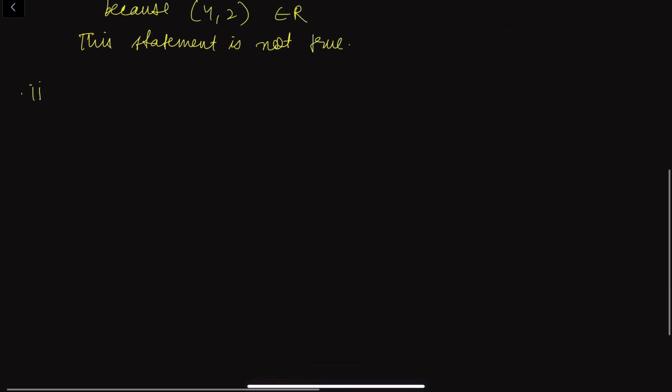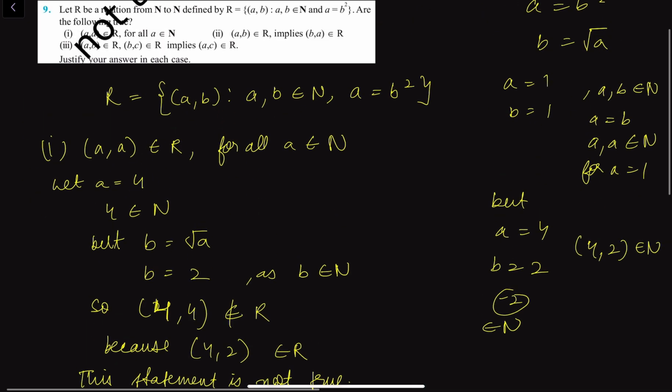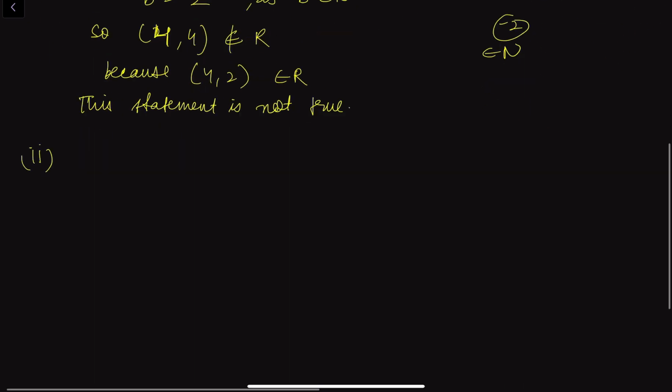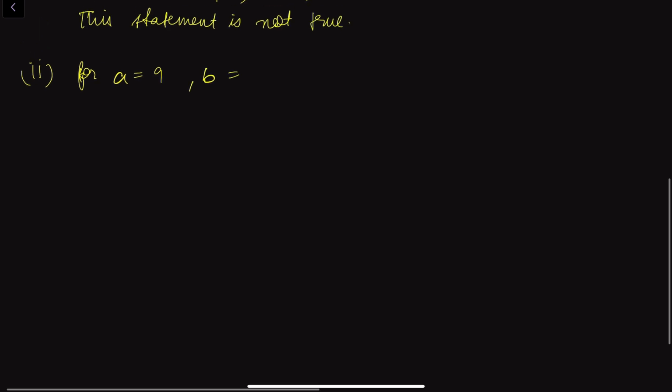Moving on to the second statement. In the second statement they have asked that (a, b) belongs to R implies (b, a) belongs to R. So this is also blatantly not true, right? Because for a is equal to 9, then b will be equal to 3.